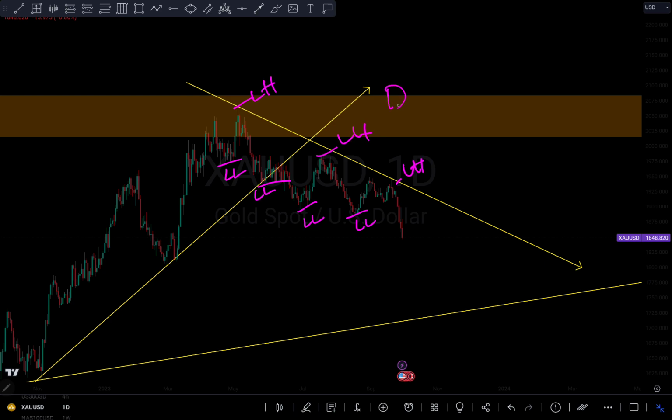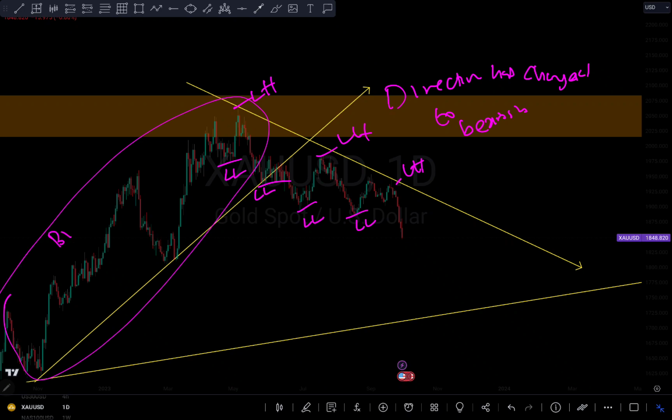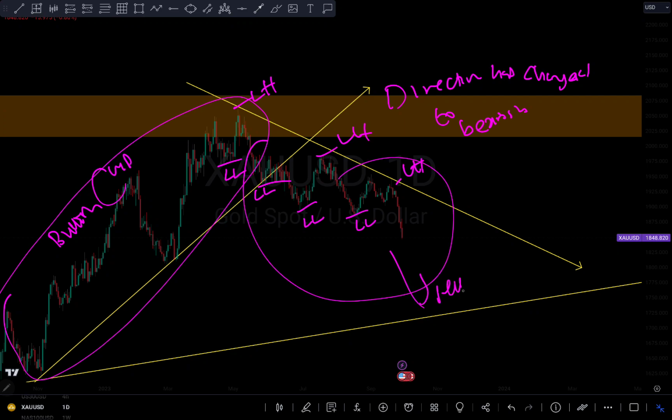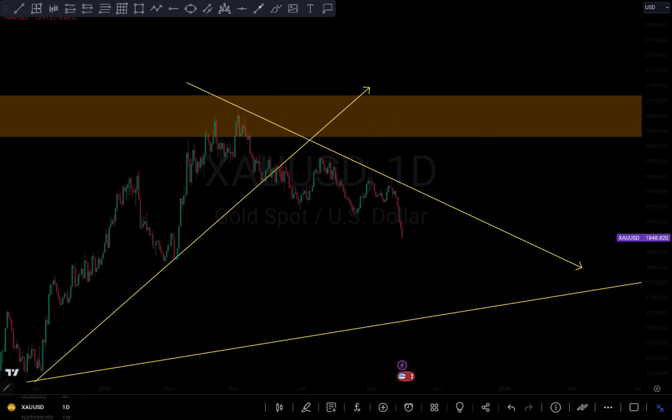Now the direction has changed to bearish, because this was the direction at first, which is bullish, an uptrend, and now it has changed to sell. So that is how you chart up your charts to make it a little bit more convenient for you.